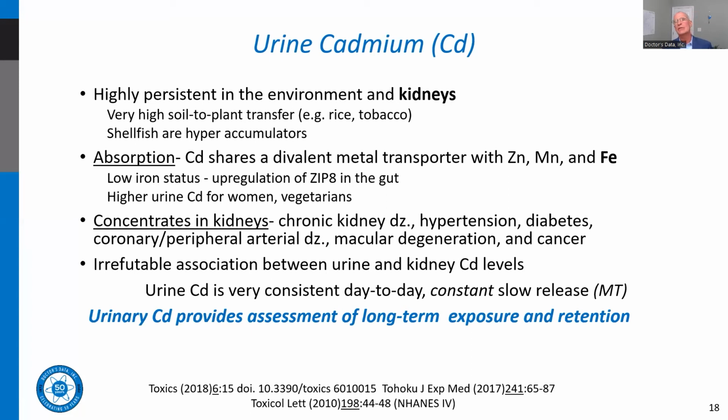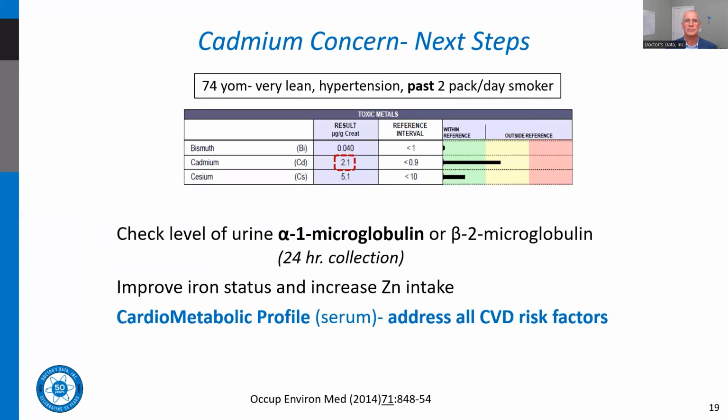Urine cadmium is very consistent from day to day because there is a constant slow release of cadmium from the kidneys. And that's actually released in conjunction with the zinc binding protein, also very high affinity for cadmium, metallothionein. So we're seeing that constant destruction of the kidney cells with a slow, constant release of cadmium. So urinary cadmium provides assessment of long-term exposure and retention.